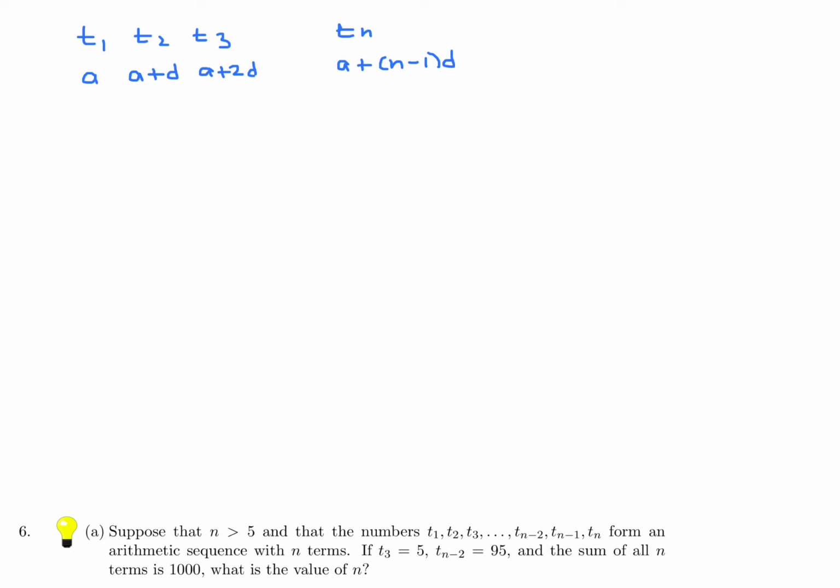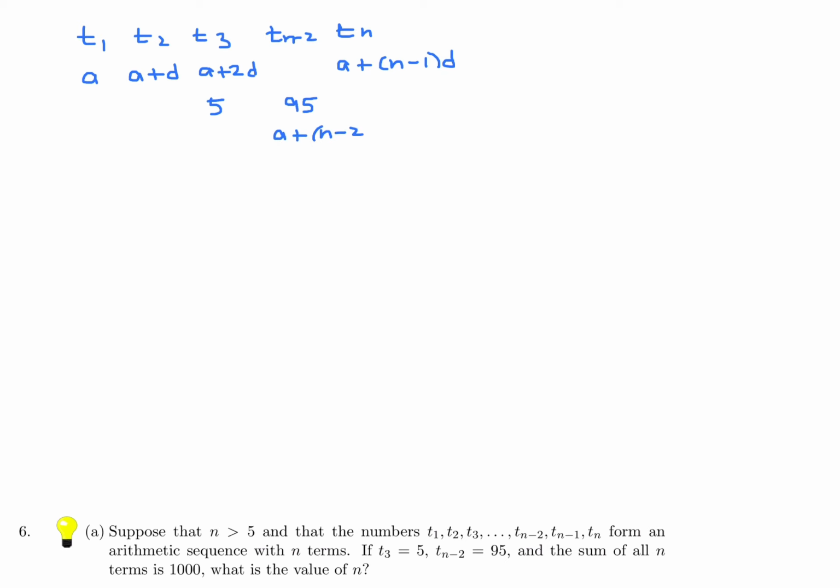And we are also told that t3, the actual value is 5, and tn minus 2. So squeeze in a tn minus 2. That one is 95. So that one would basically be a plus n minus 2 d.